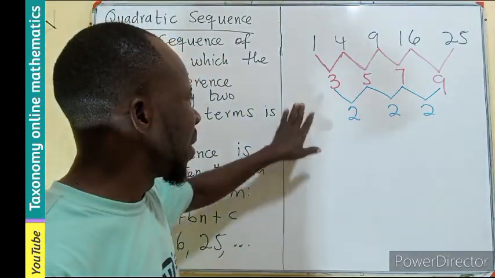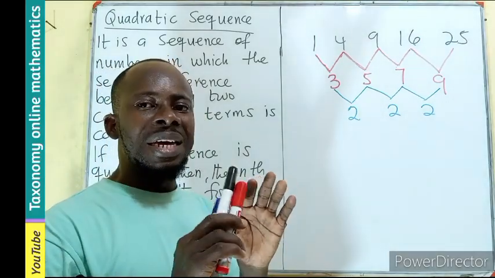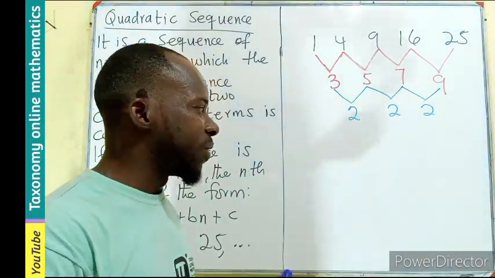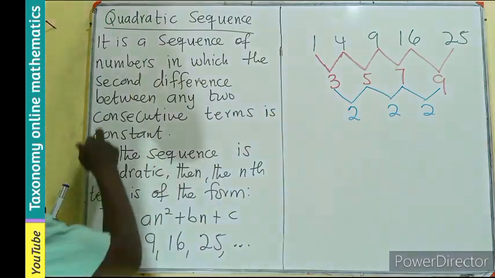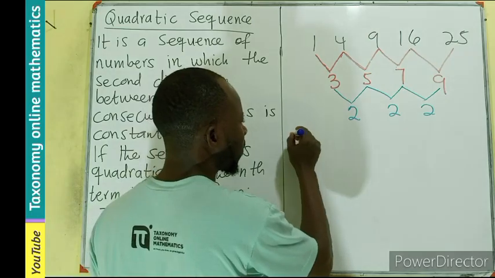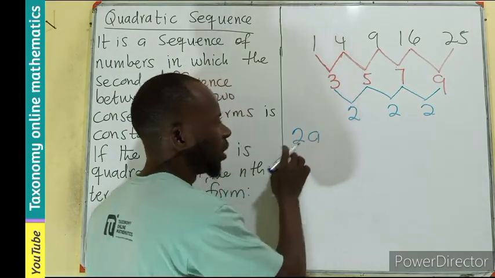Now, the quadratic sequence always has this property: the second common difference is always equal to 2a.